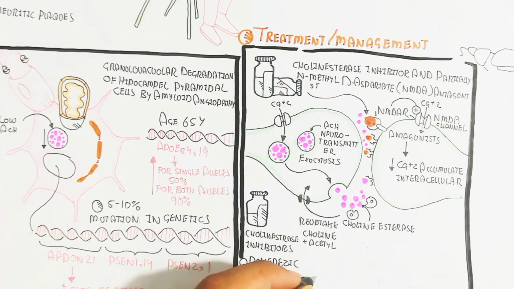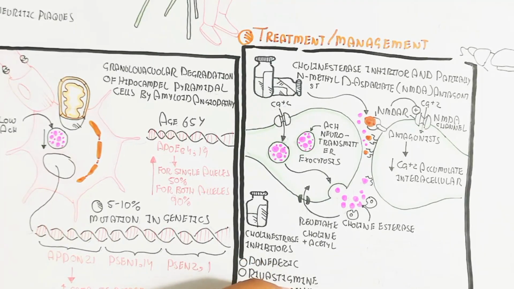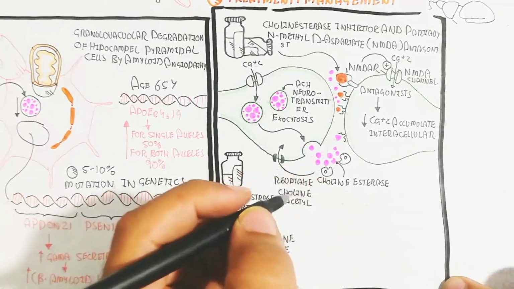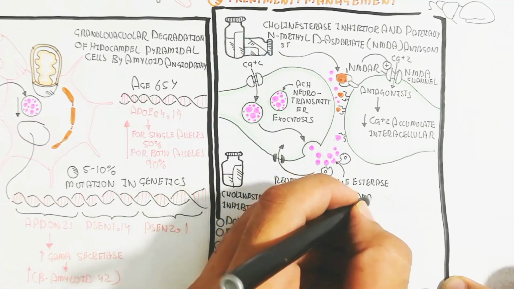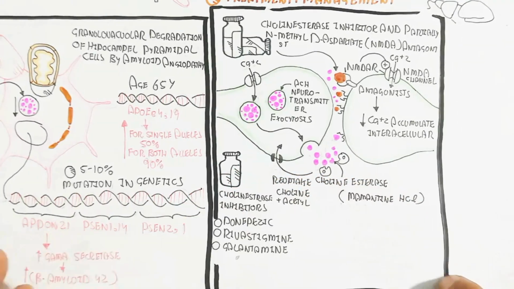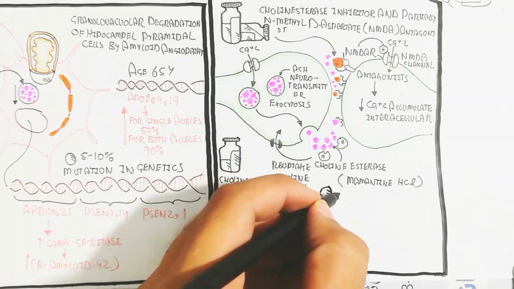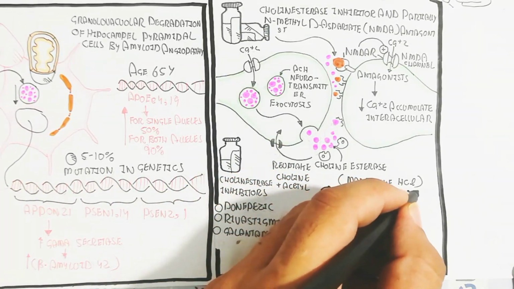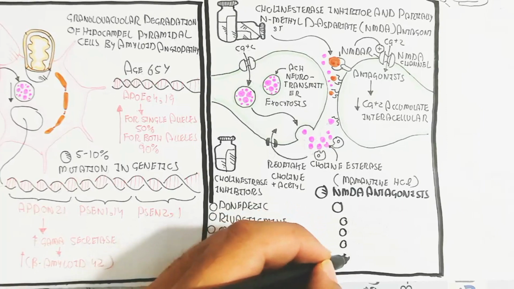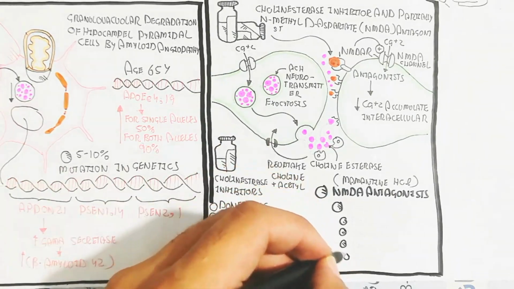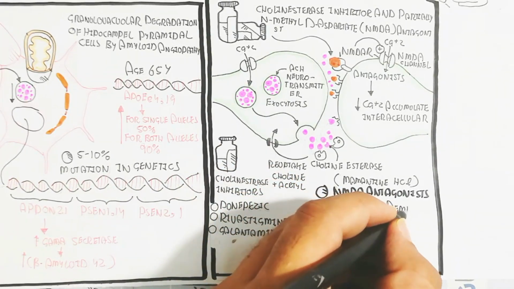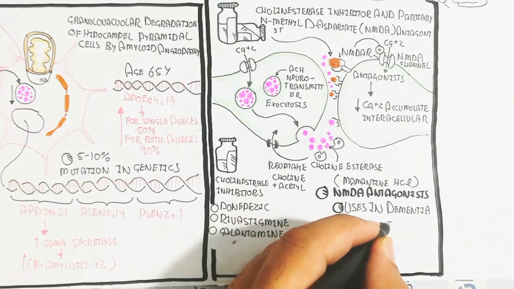The cholinesterase inhibitors are donepezil, rivastigmine and galantamine. Memantine hydrochloride is also used as an NMDA antagonist. So the NMDA antagonist is used in dementia, dizziness and anxiety as well as depression and psychosis.